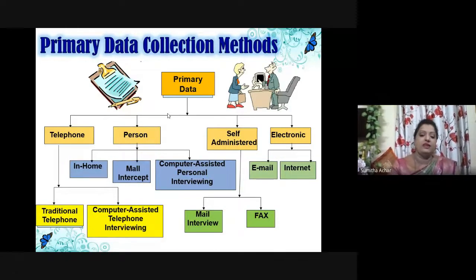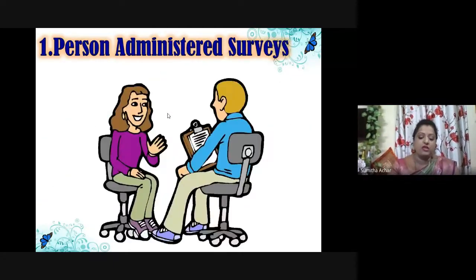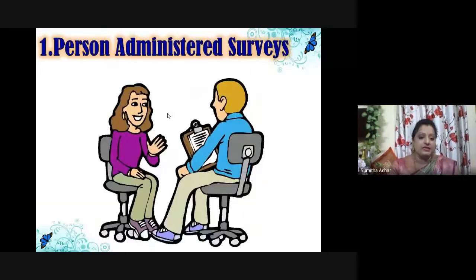So we will have an understanding of all these under the four broader headings: personal interviews, self-administered tool, the telephone, and the electronic. Again, friends, I'm not here to give you the primary data collection tools. I'm trying to give you what are the tools one can use to collect the primary data, right?